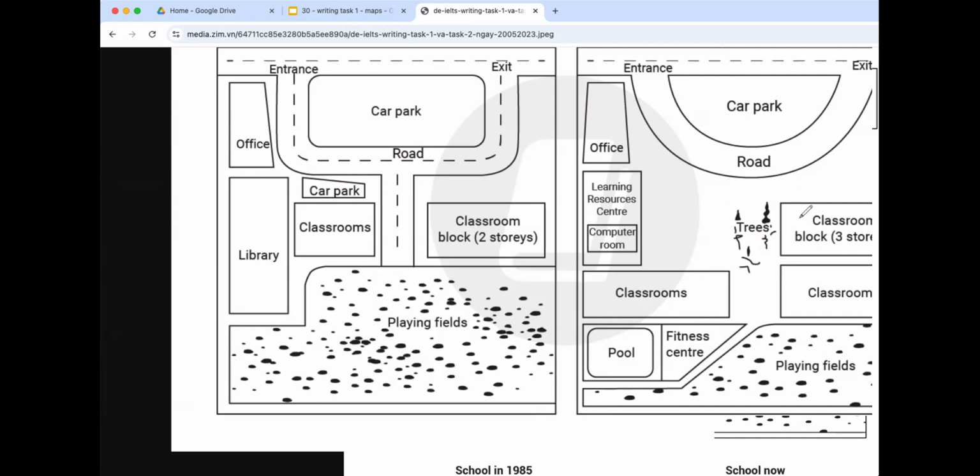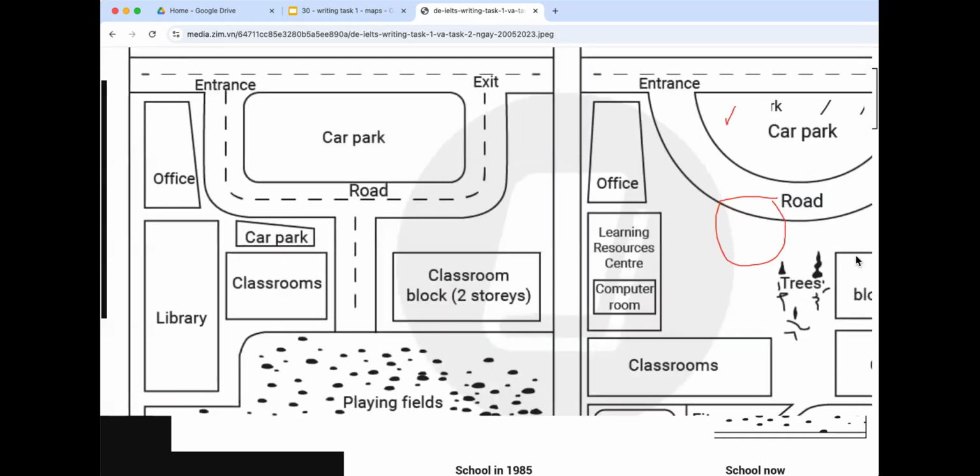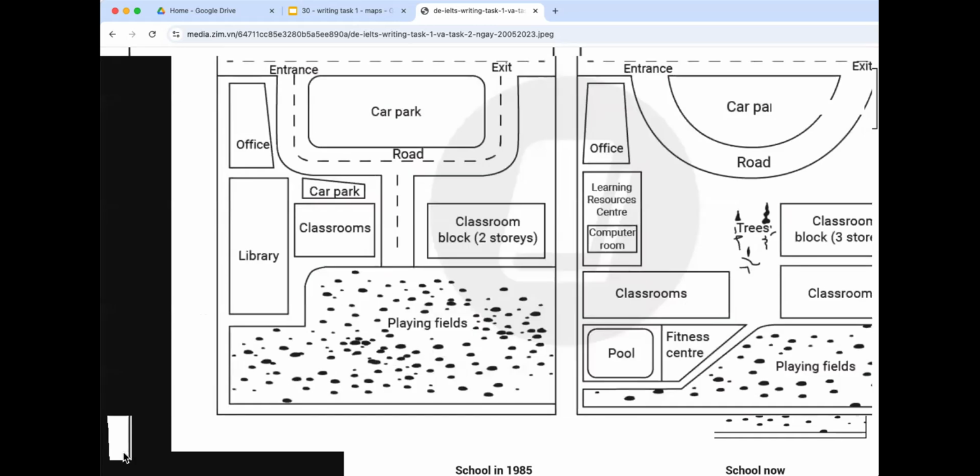Yeah, there are more classrooms. What else did you notice? We have a car park, more space for classrooms.